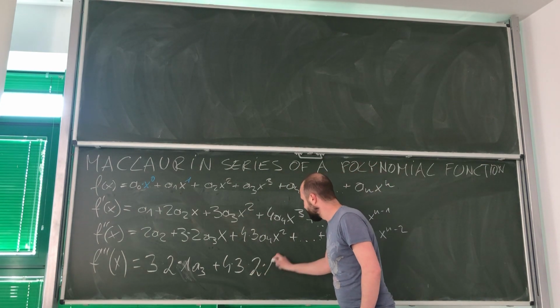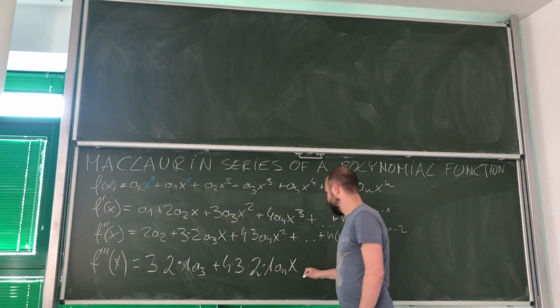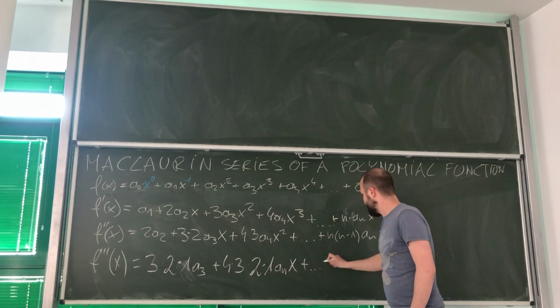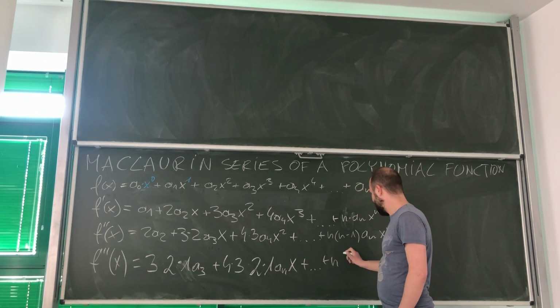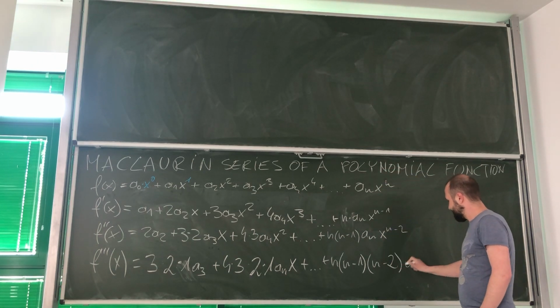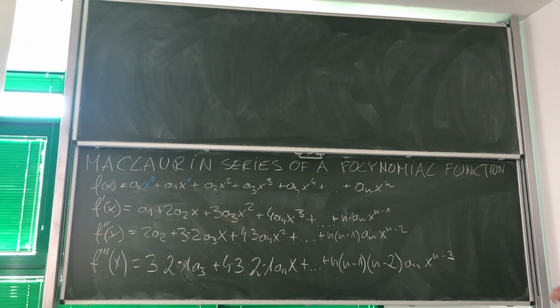Of course, I could also put times 1, a4 x plus, and of course here we will have n times (n minus 1) times (n minus 2) times an x^(n minus 3).